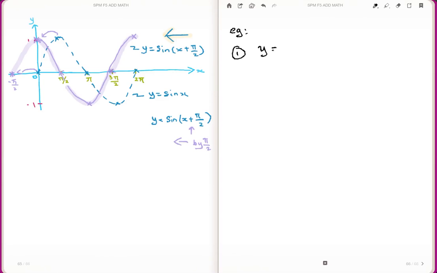Sketch y equals modulus of 3 cos 2x over the range 0 to 2 pi. It shouldn't be too hard.